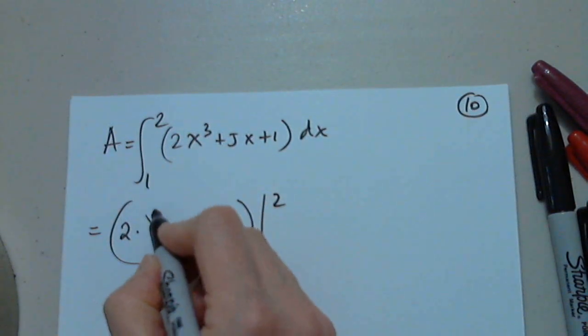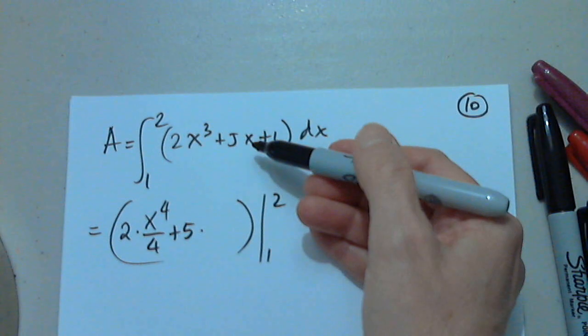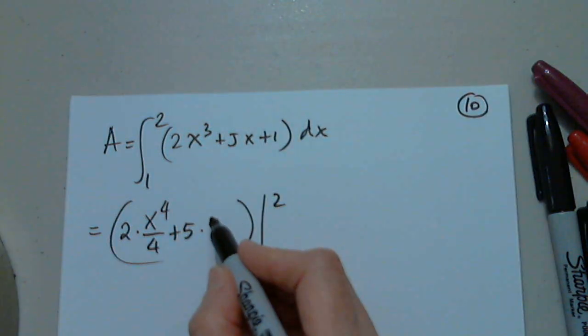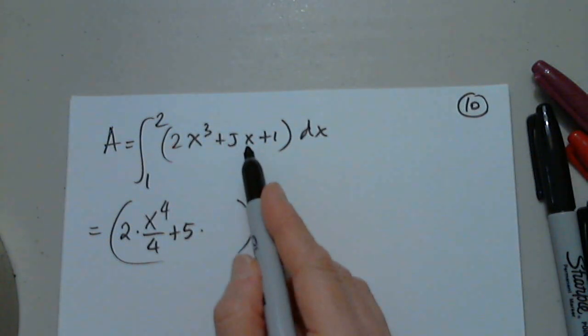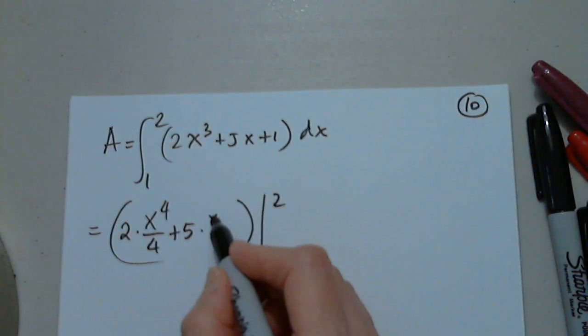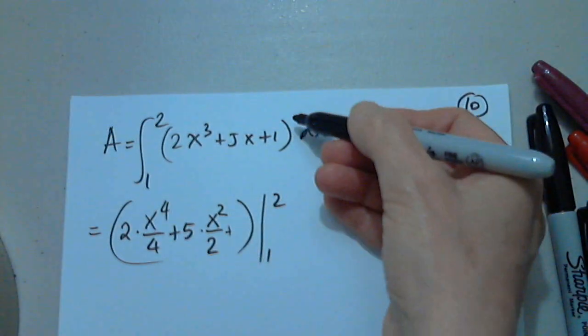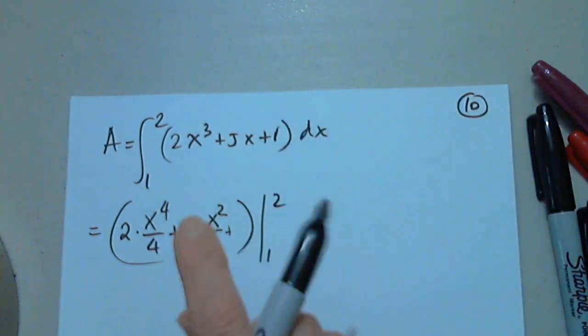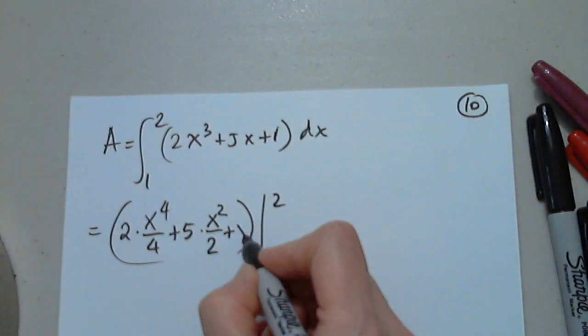X to the 4th over 4. Awesome, thank you very much. Plus 5. Which function prime is x? Is it 5x squared over 2? Perfect. And which function prime is 1? It's just x. Perfect.